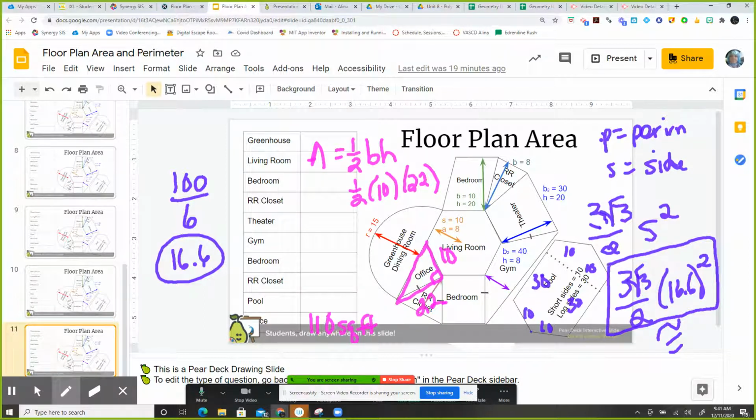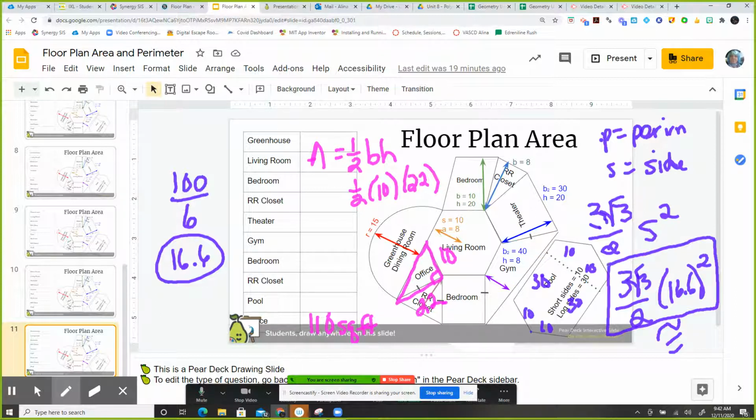So do 3 times the square root of 3 and hit enter. And you should get something close to 5.2. And then divide that by 2 and hit enter. And you should get something close to 2.6.